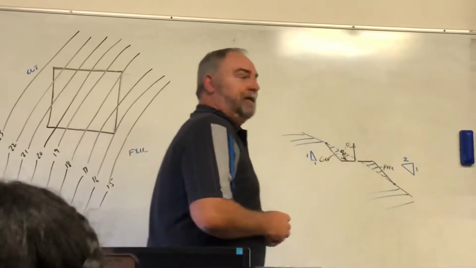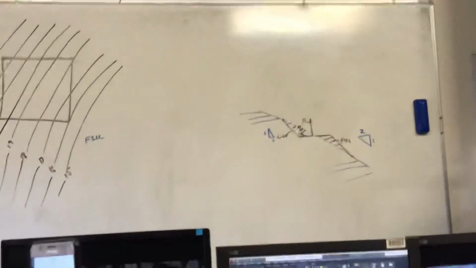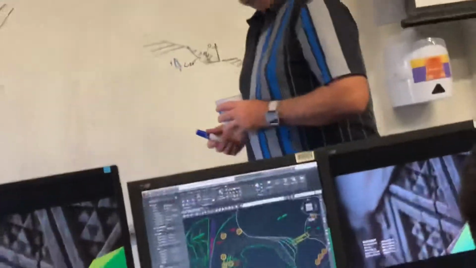A little story. When you're doing engineering and you're in a design office, now a lot of you will end up in the design office. Some of you won't. You'll be on site and you won't have to worry so much about this person.